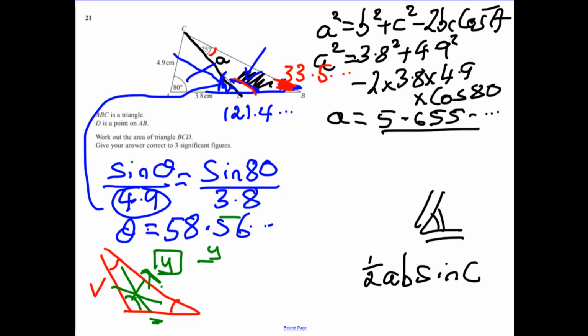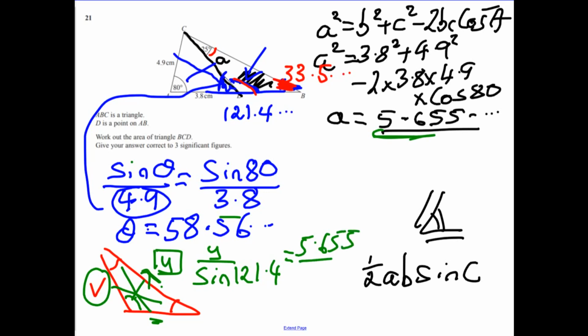So our y value over the sine of 121.4 equals the missing side over here, which we know, that was 5.655, divided by the angle over here, which was sine 33.